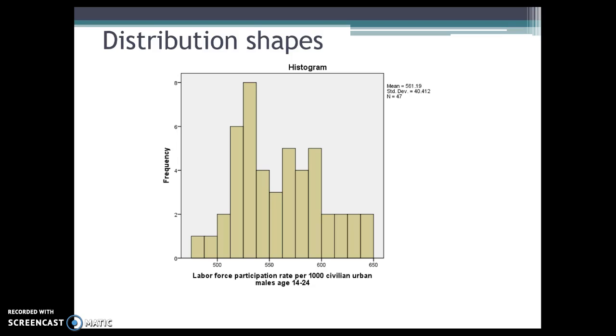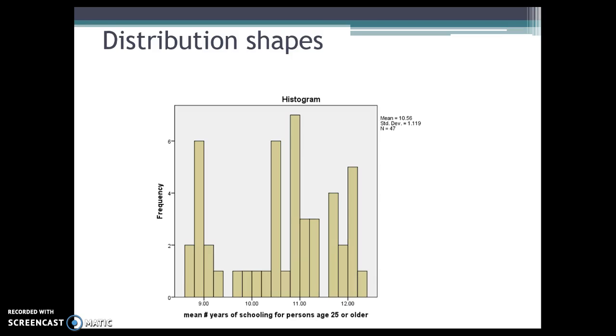This one here, you could make an argument that it's skewed to the right. I would say for the most part, though, it's kind of bell-shaped. But if you said that skewed to the right, that would be okay too. Here's one that I almost wouldn't even try to categorize.